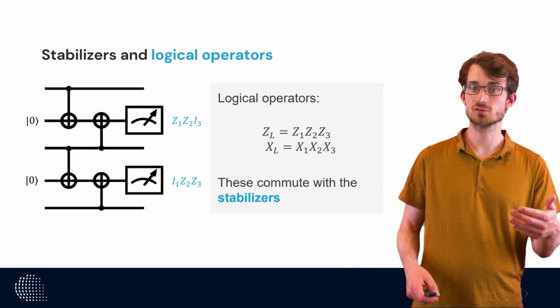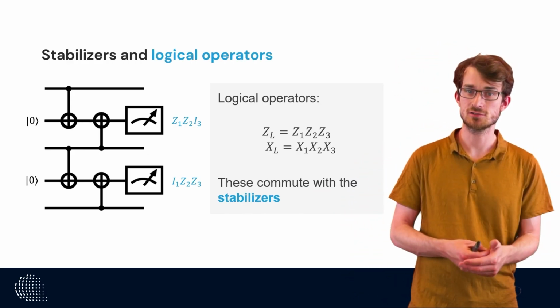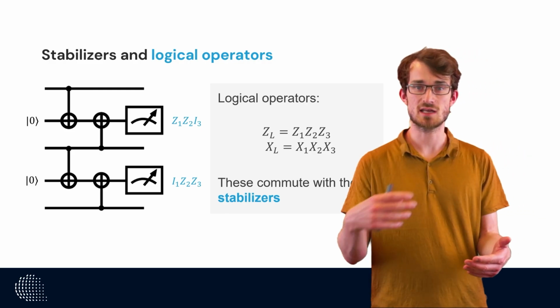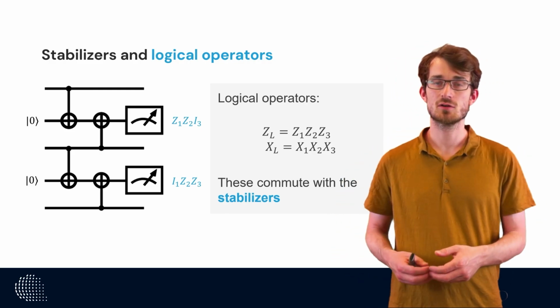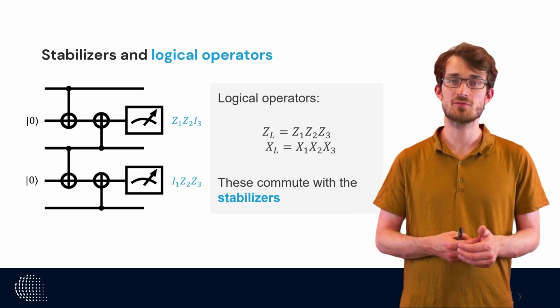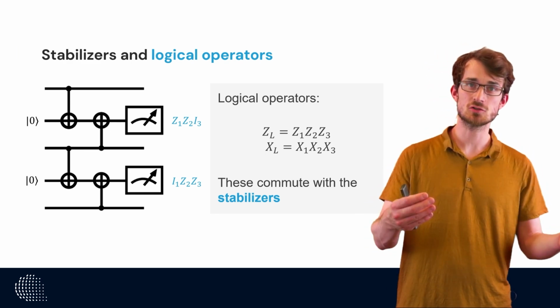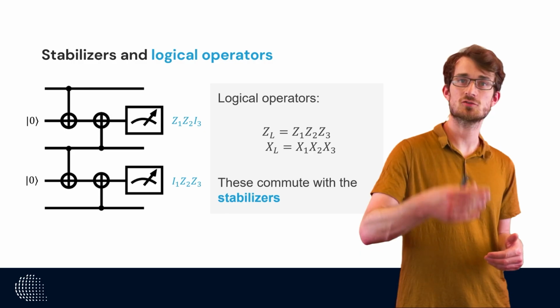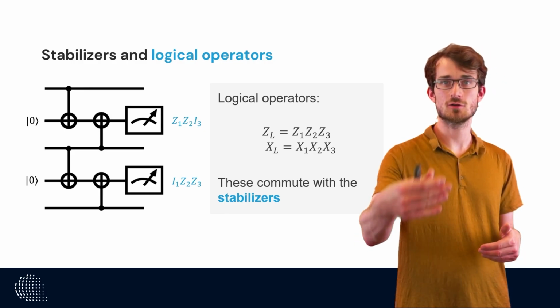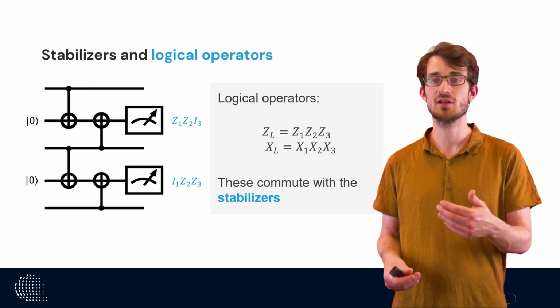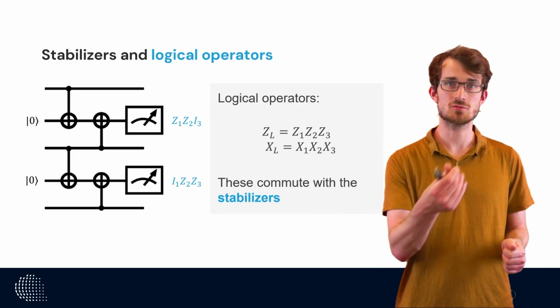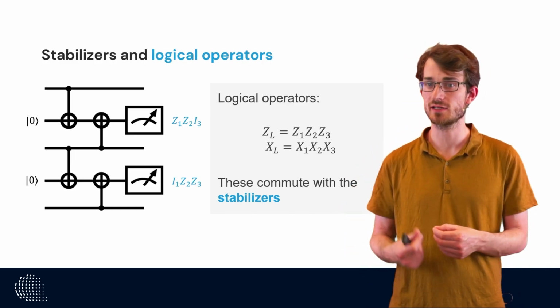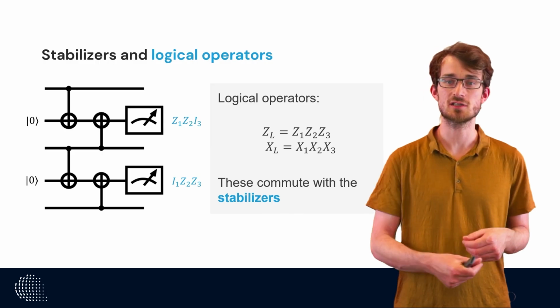Similarly, it's also useful to talk about the logical operators. In a single qubit, you have a Z operator and an X operator, which are the Pauli operators. In the same fashion, we can define Pauli operators for the logical qubit, and we can do that by constructing them through the physical qubit operators. So in the bit flip code, the logical Z operator is Z1 times Z2 times Z3, and the logical X operator is X1 times X2 times X3.